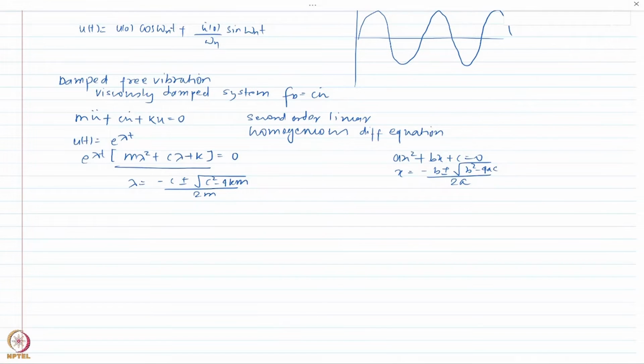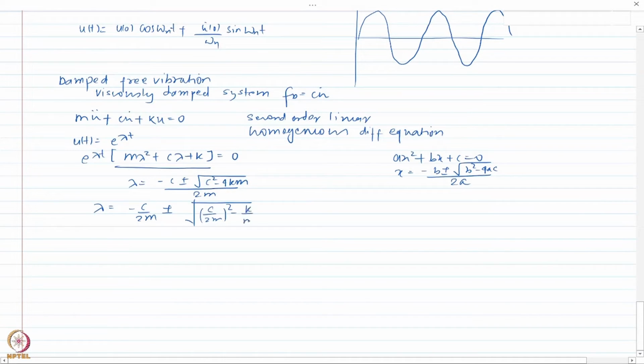I can further write this as minus c by 2m plus minus the square root of, taking that 2m inside the square root sign so that it becomes 4m square, c square by 4m square minus k by m. So I've got two roots for lambda corresponding to the positive and negative sign.